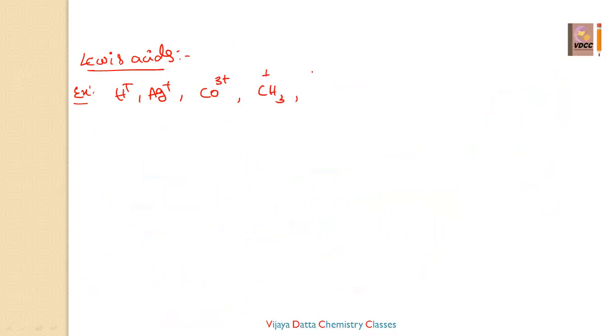All electrophiles, these are CH3 plus, ethyl cations. This is called a carbocation. CH3CH2 plus, Fe3 plus, Cu2 plus, Ni2 plus. All these are simple examples. Atoms which contain an electron sextet, that is nothing but 6 electrons in their valence shell, are said to be Lewis acids. So all simple cations are Lewis acids.